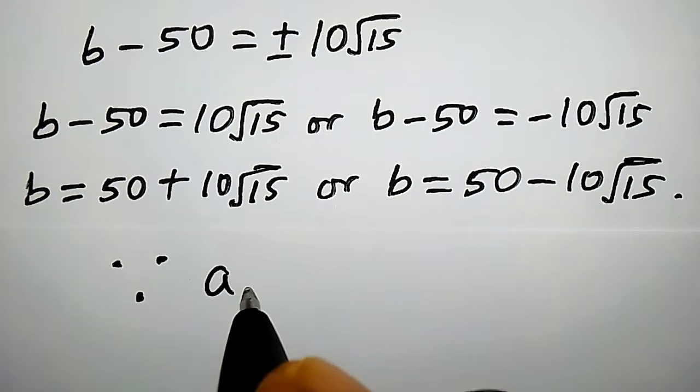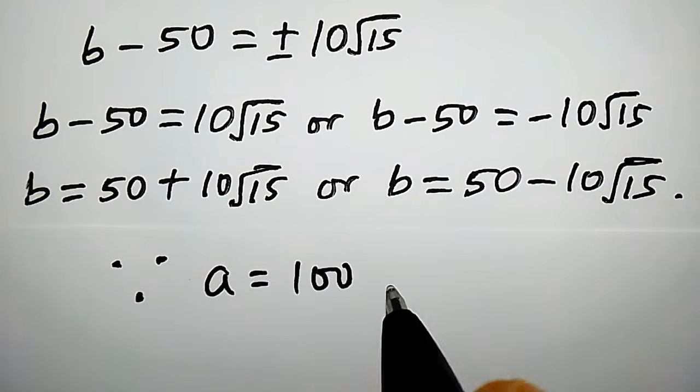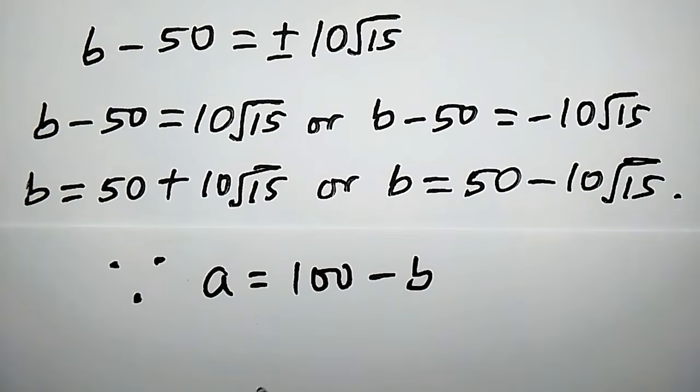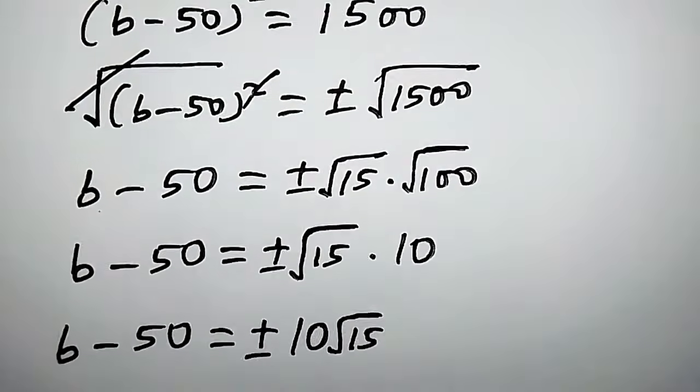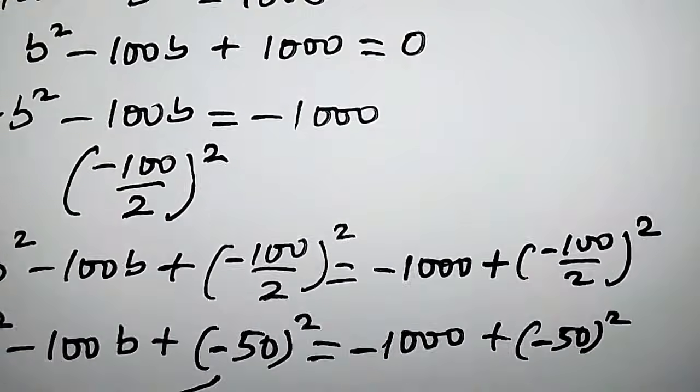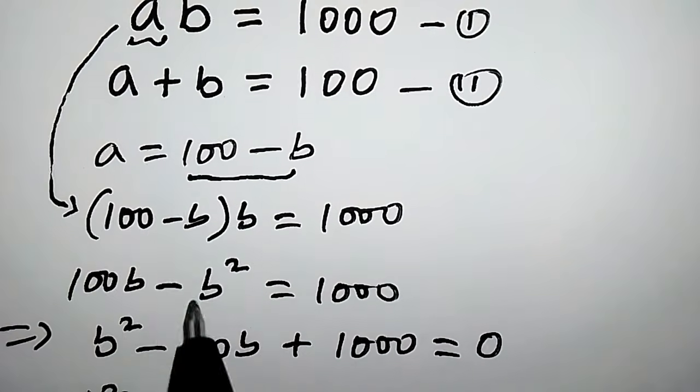Since A is equal to 100 minus B, let me show you where we got this equation from. It's actually from this line. So let's proceed further.